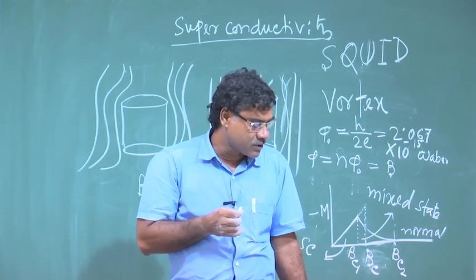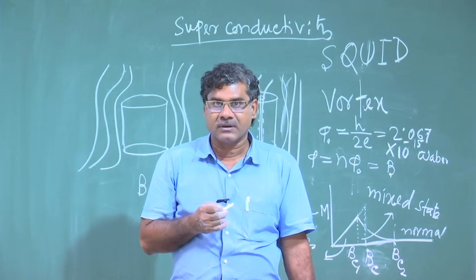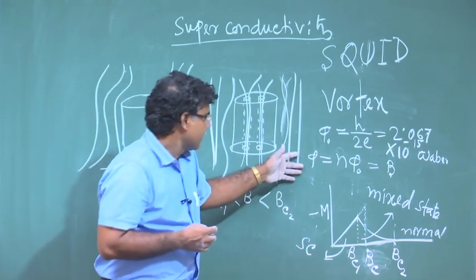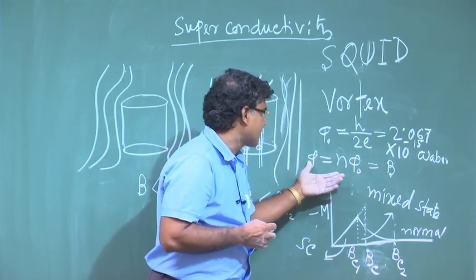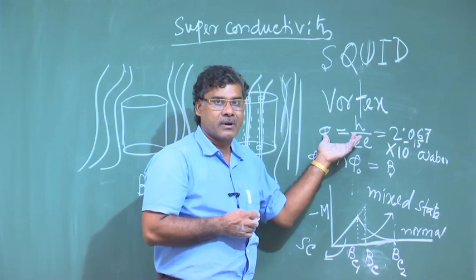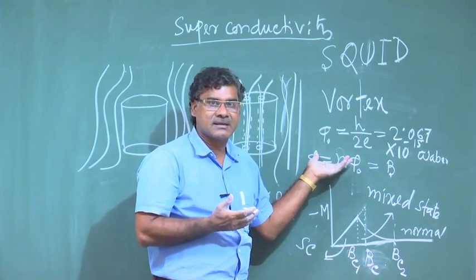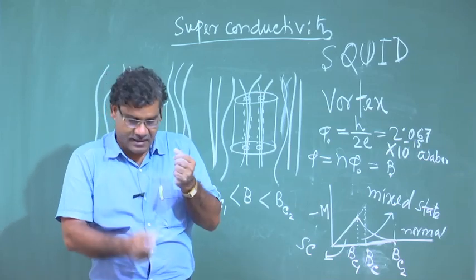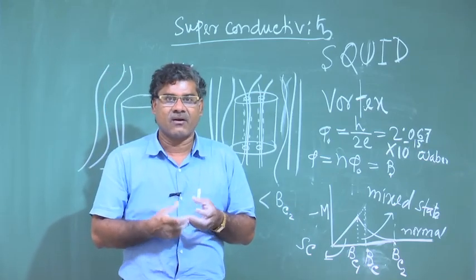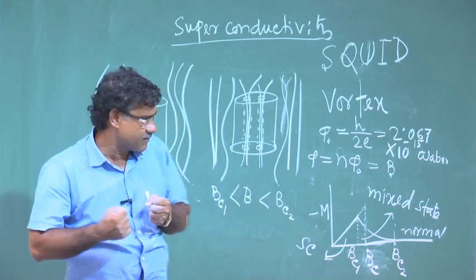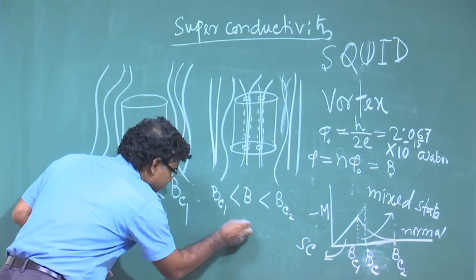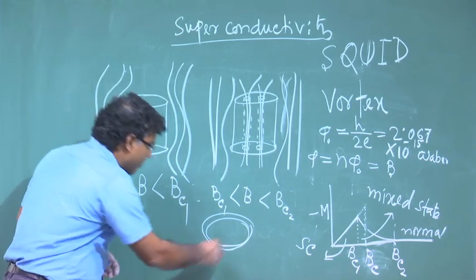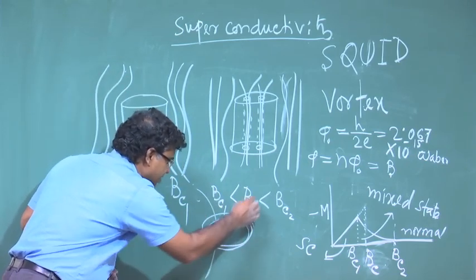Another part is the Josephson junction. I will tell about the Josephson junction, and this is basically called flux quantization, you know. If you take a ring of superconductor, how does flux pass through it, through the inside of the superconductor?